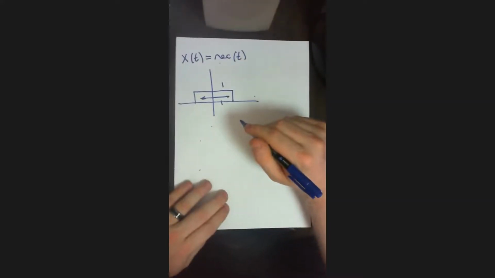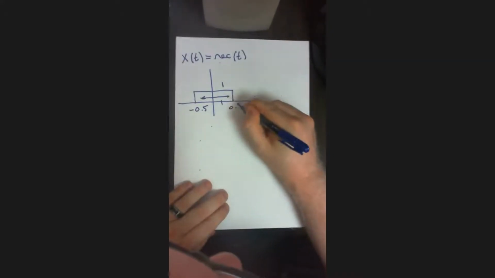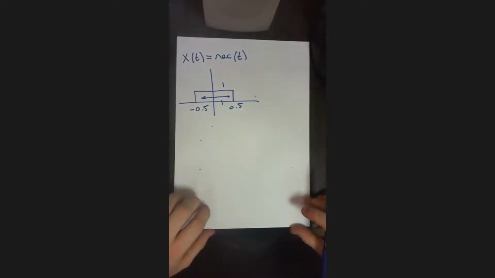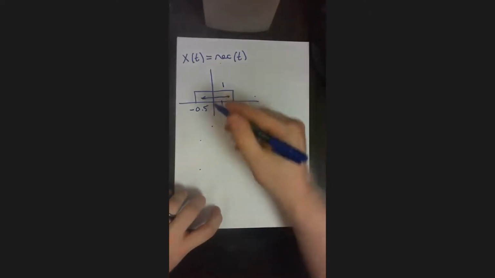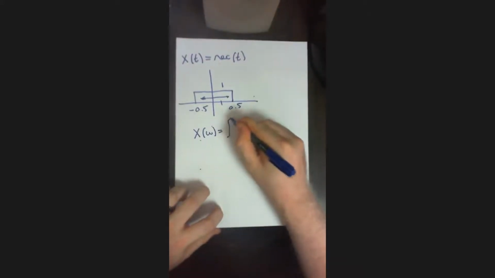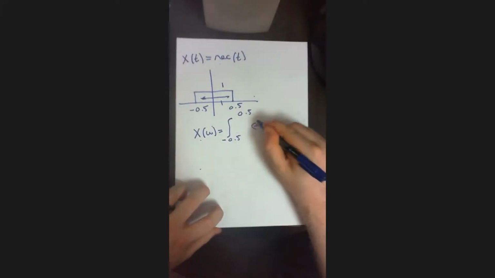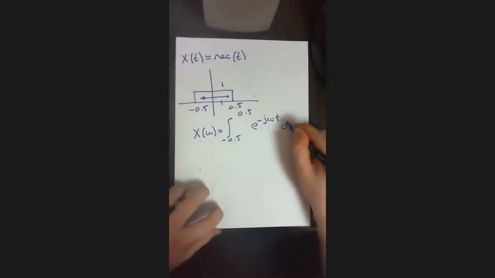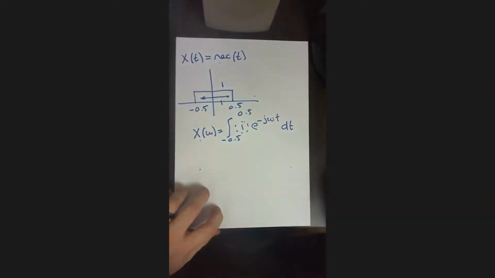So this problem has already been solved before. If you remember, my dear students, it extends from negative 0.5 to 0.5. It's a very simple way of getting a Fourier transform, because x of omega is simply the integration from negative 0.5 to 0.5 of e power minus j omega t dt, because here the magnitude is 1, which is the rect function magnitude.